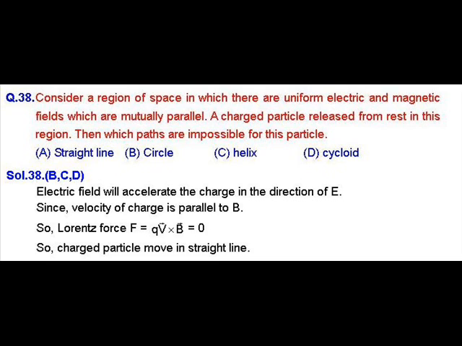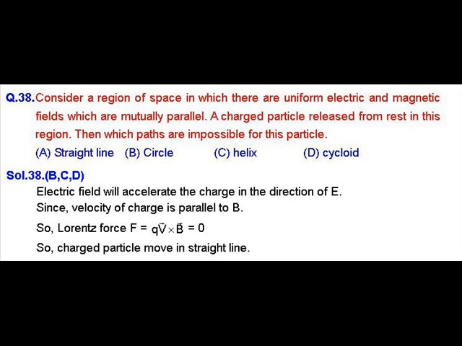If we have to calculate the magnetic force on this charge, we can calculate this force by the Lorentz equation, that is F equals Q, that is charge, into V cross B, and the magnetic force in this particular scenario will be equal to 0, because V cross B will be 0 as V and B are parallel to each other.